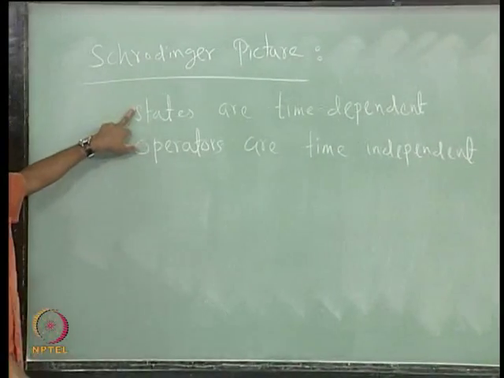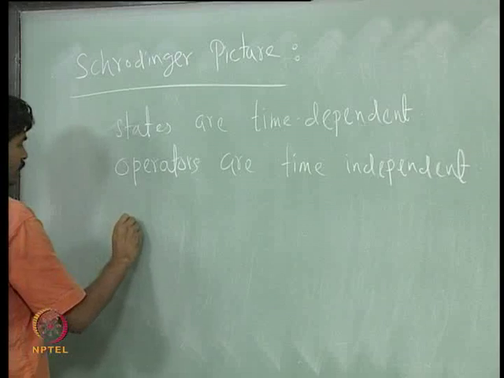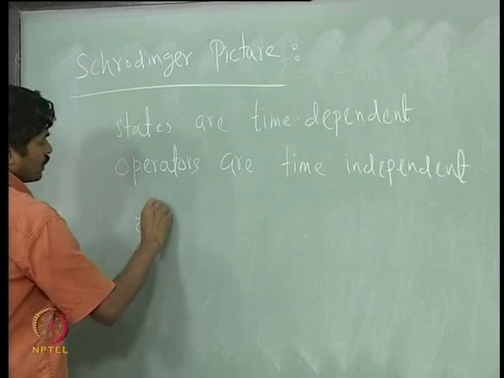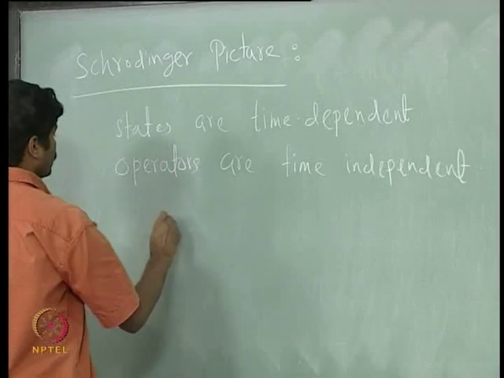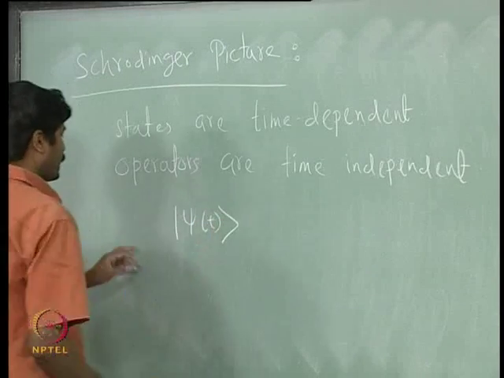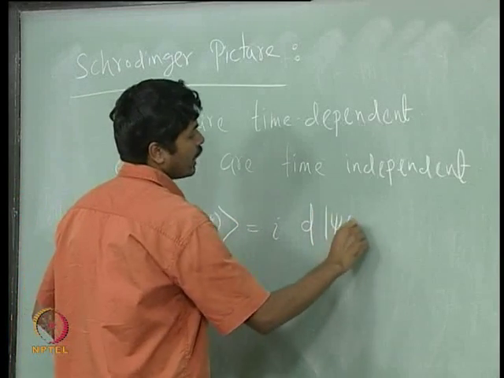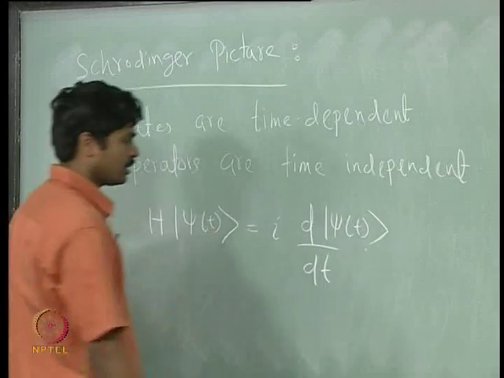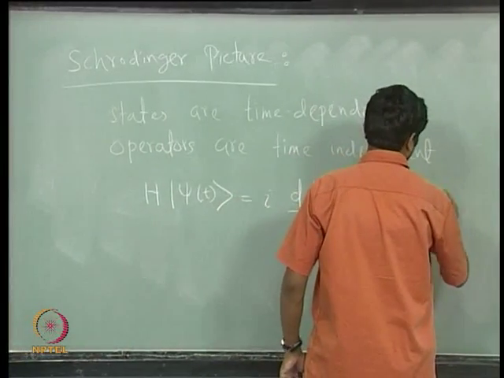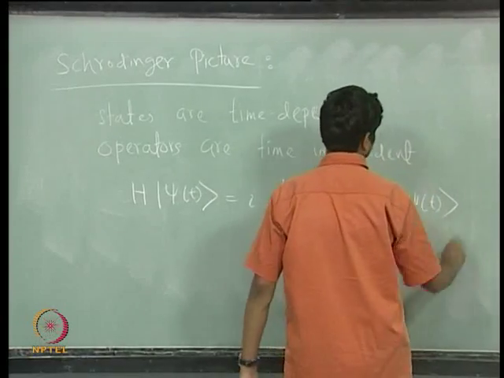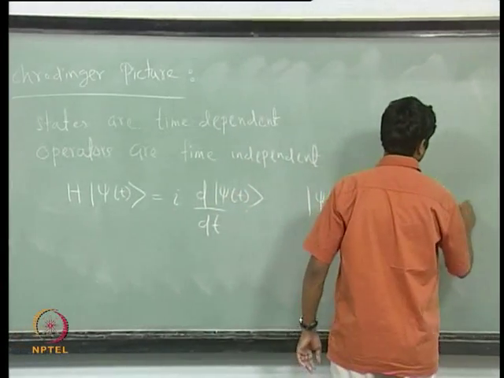Time evolution of the states is governed by the Schrodinger equation, which is: suppose psi of t is a state vector, then H psi equals i d psi over dt, and hence you can get psi of t equal to e to the power minus i H t psi of 0.